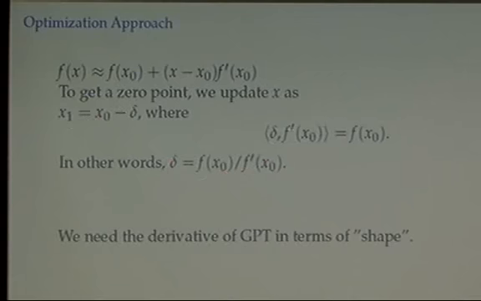So you can see that in the optimization approach, we need the derivative of an image function. So in our case, since we want to have the shape, the derivative we should get is in terms of the shape. So I will explain how we can get the shape derivative of the generalized polarization tensor.